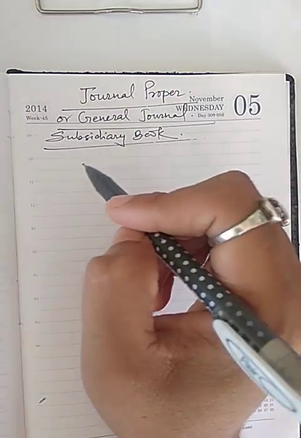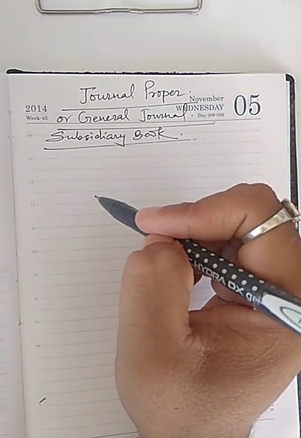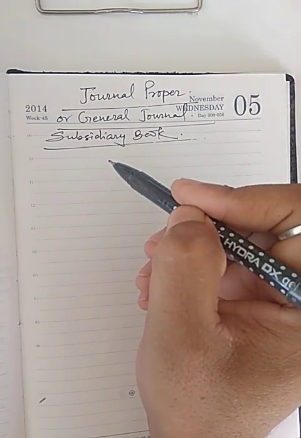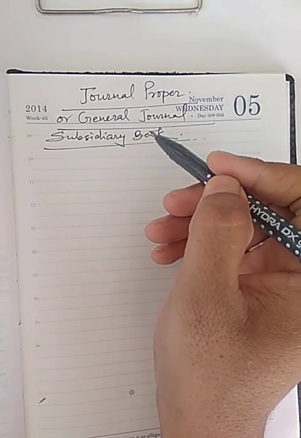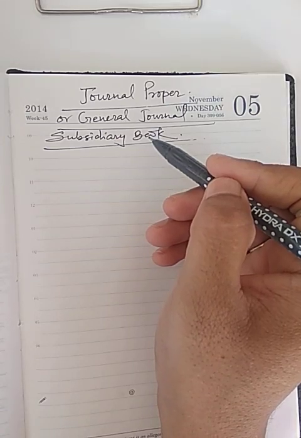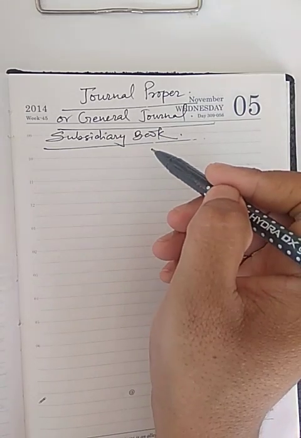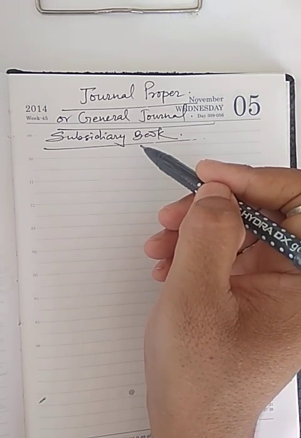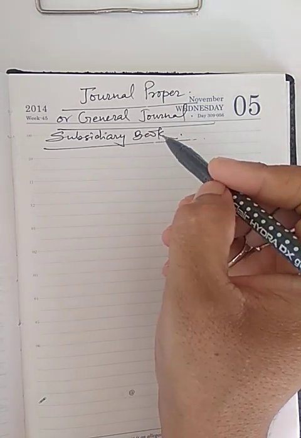Student, in my previous video I have explained many things about subsidiary book. Under subsidiary book I have explained purchase book, sales book, purchase return book and sales return book.